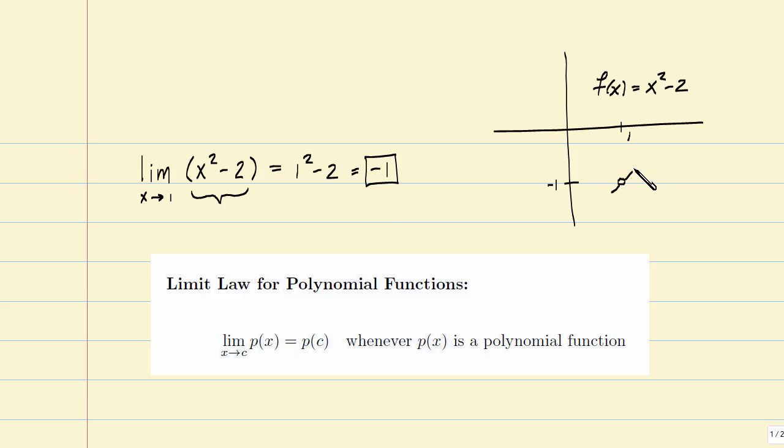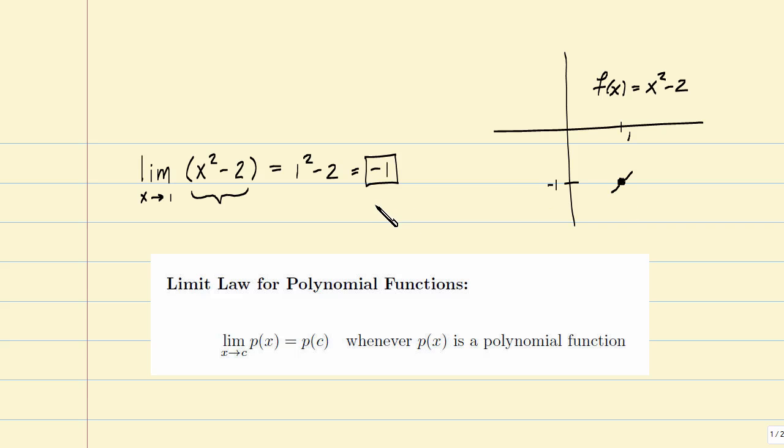So this is the graphical information we get from the limiting value, but of course with this particular function we can plug 1 in and evaluate f of 1, and we get negative 1 again. It's the same calculation we saw here, which means this hole is really filled in the complete graph of f. And now you can see that around 1 we can draw the function with a continuous stroke of our pen.